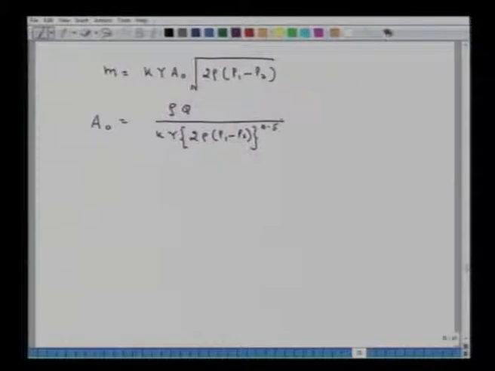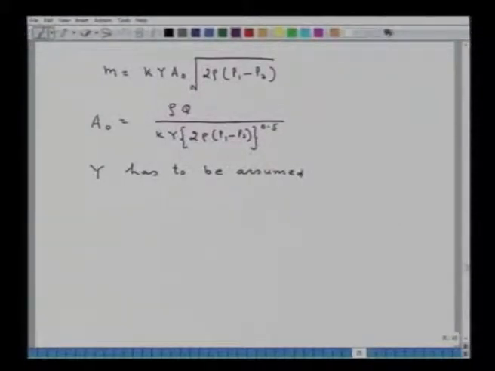Now here again the value of y is not known, so here again the value of y has to be assumed.